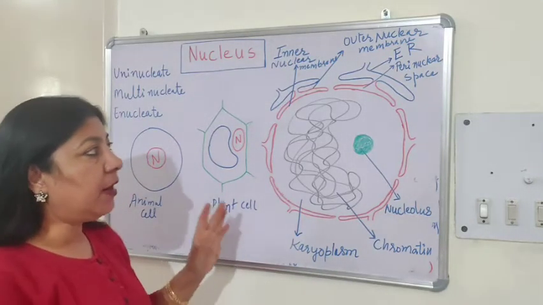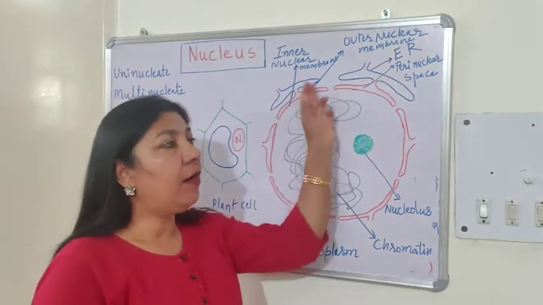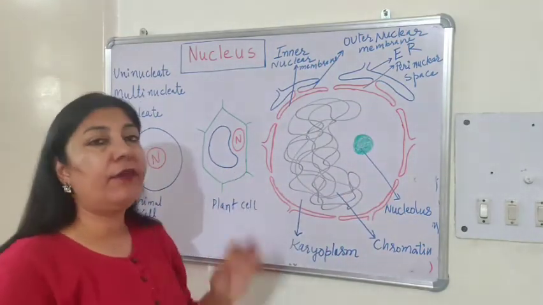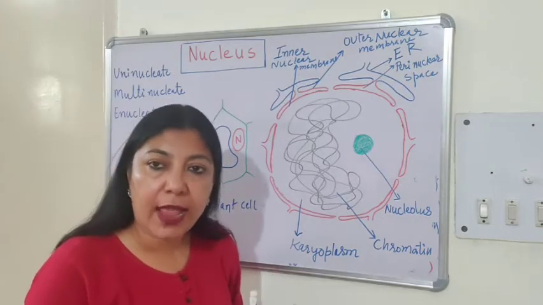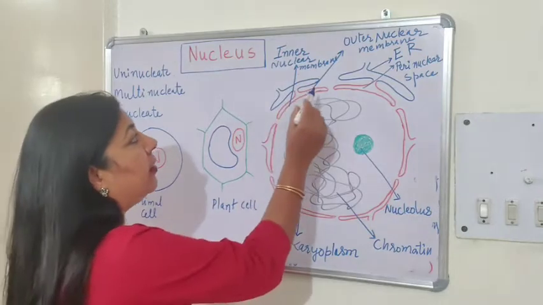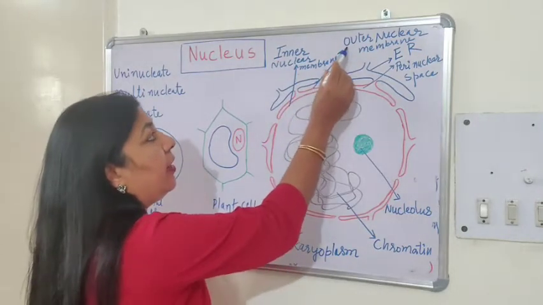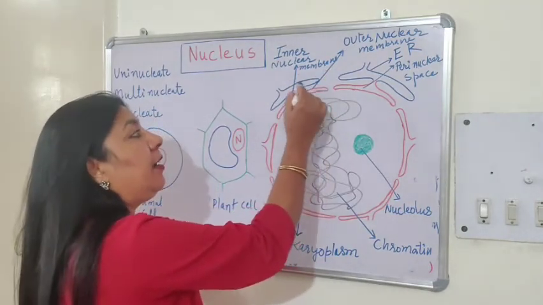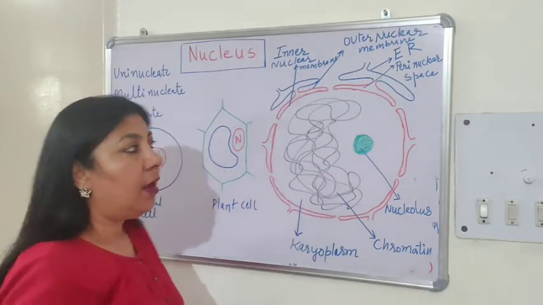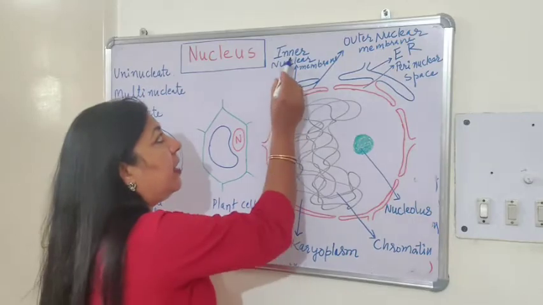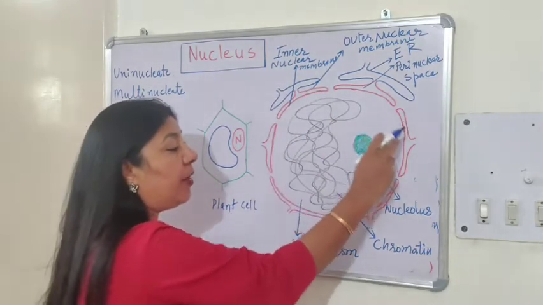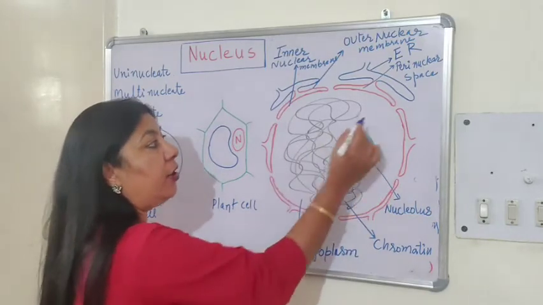So a typical nucleus has a nuclear membrane or nuclear envelope. And this nuclear envelope is a double membrane. You can see there is an outer membrane which is in continuation with the endoplasmic reticulum, and there is an inner nuclear membrane, and this nuclear membrane is not continuous.